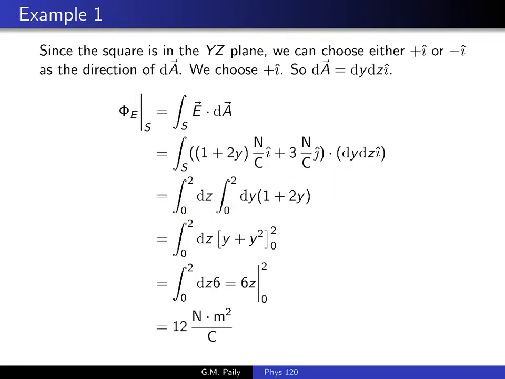We separate the dy and dz, put the appropriate limits on the integrals, and then do the y integral first, evaluate it, and then do the z integral. And this is our final answer.